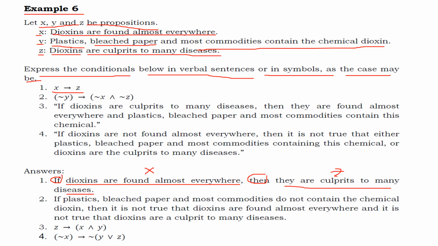Now for number 2, negation Y, conditional, negation X, conjunction, negation Z. As you can see, "plastics, bleached paper, and most commodities do not contain the chemical dioxin" will be your negation Y. Then "it is not true that dioxins are found almost everywhere, and it is not true that dioxins are culprits to many diseases."